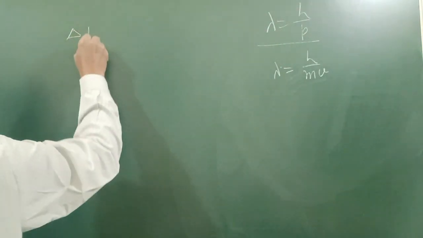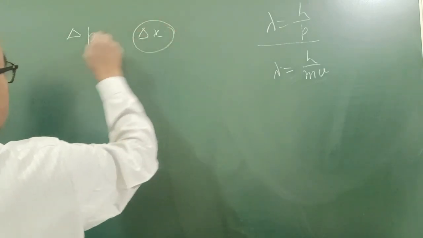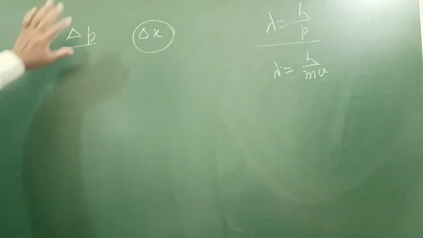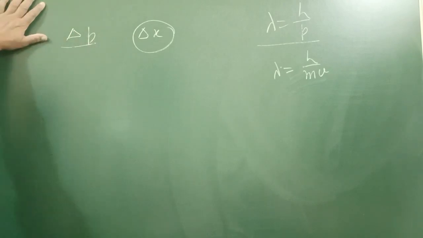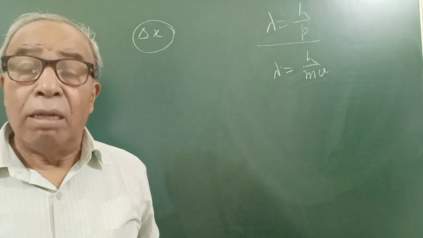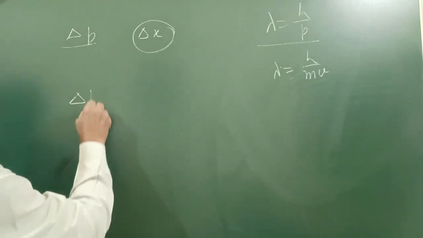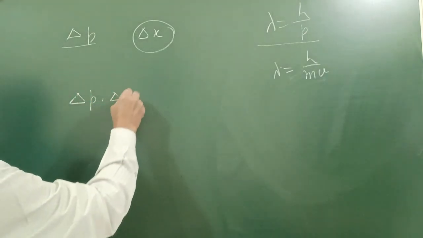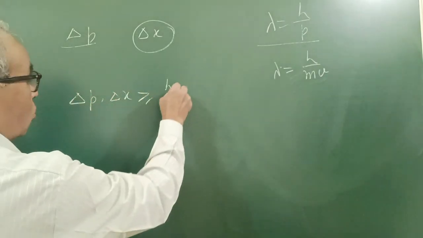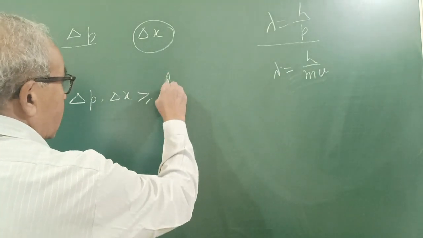Delta P is the error in the momentum and delta X is the error in the position, which we call uncertainty. Actually, error is the uncertainty in the measurement. According to that, delta P into delta X is greater than or equal to h upon 2 pi, where h is the Planck constant.